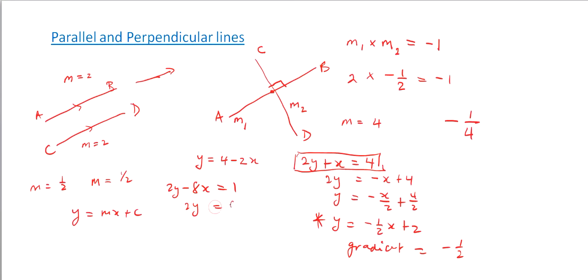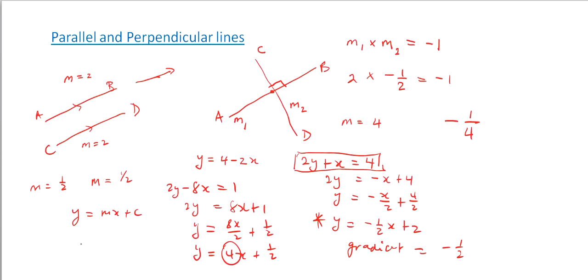So 2y is equal to 8x plus 1. All I did was move the minus 8x to the right hand side. Then I need to divide everything by 2. So this will be 8x over 2 plus 1 over 2. Therefore y is equal to 4x plus a half. Alright, so the gradient in this case is 4.